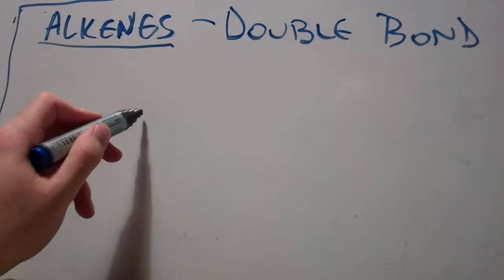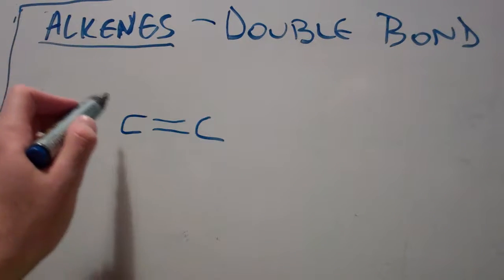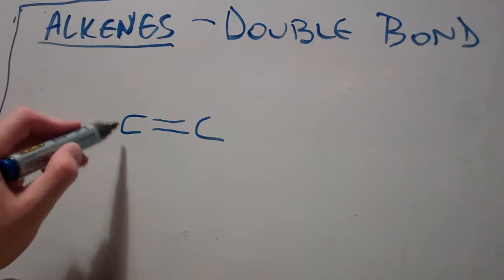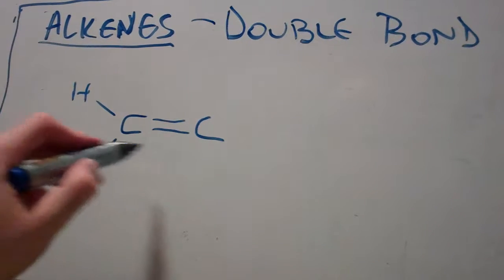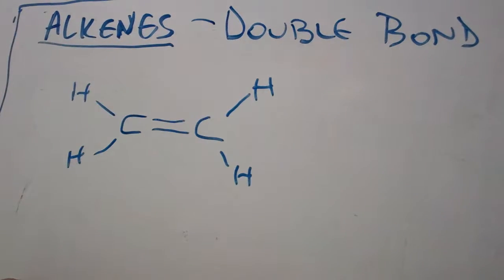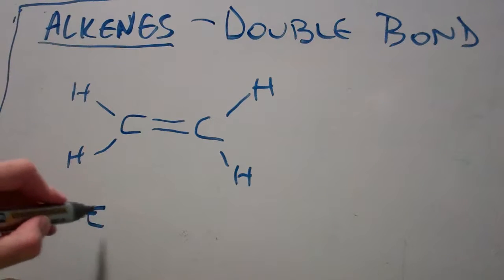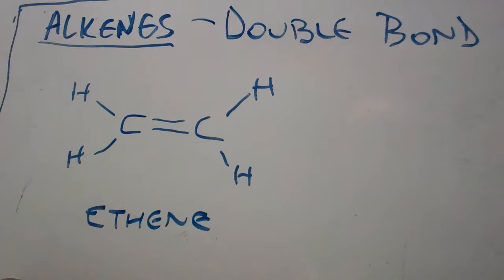So if we look at ethene, for example, we've got 2 carbons, and they're joined by a double bond. That means that each carbon only requires 2 hydrogens, not 3, like in our alkanes. Okay, so this is ethene, also commonly called ethylene.